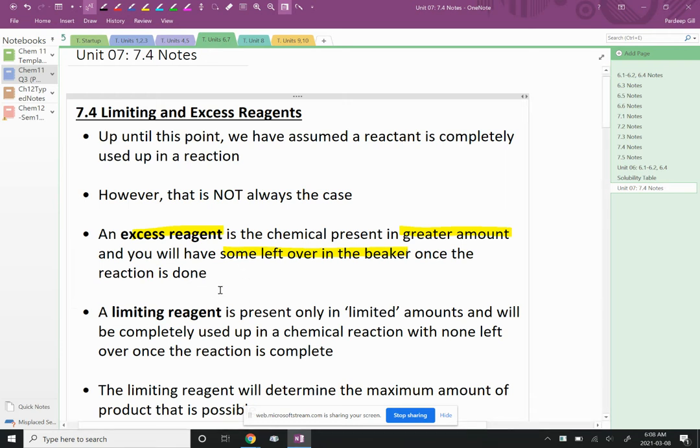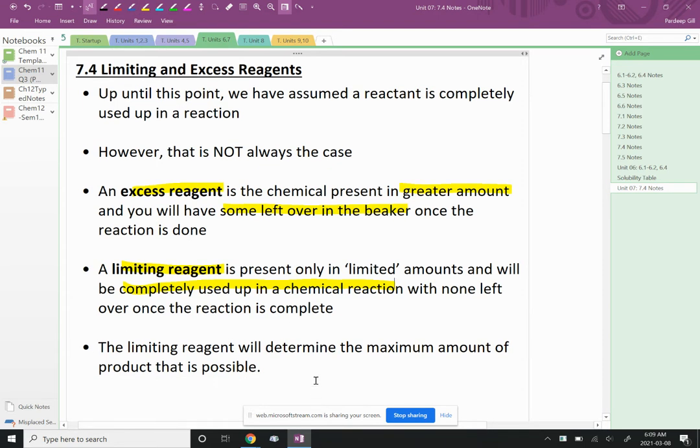Now, the limiting reactant or reagent is present in a small amount or limited amounts and will be completely used up in the chemical reaction. So none of it will be left over when the reaction is completed. Now, it's the limiting reagent or reactant that will determine the maximum amount of product that is possible.